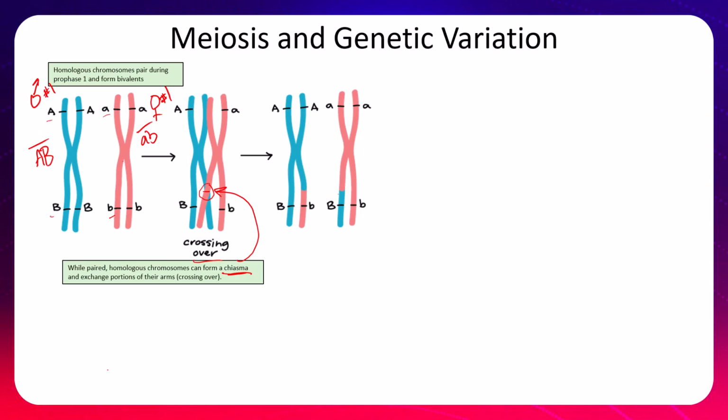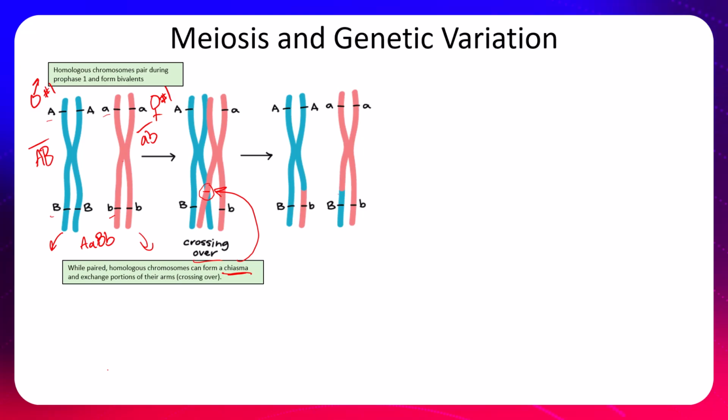And so this individual would have the genotype big A, little a, big B, little b. And if you remember from our inheritance talks, that would be an individual that is heterozygous for gene A and gene B.